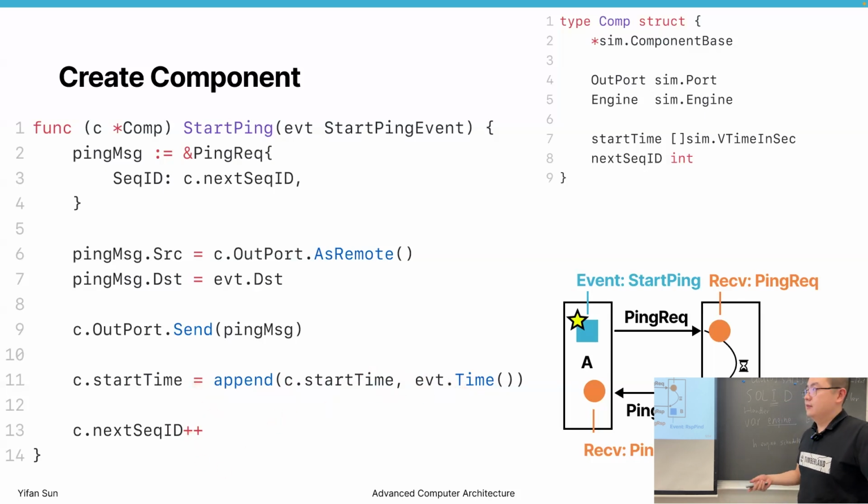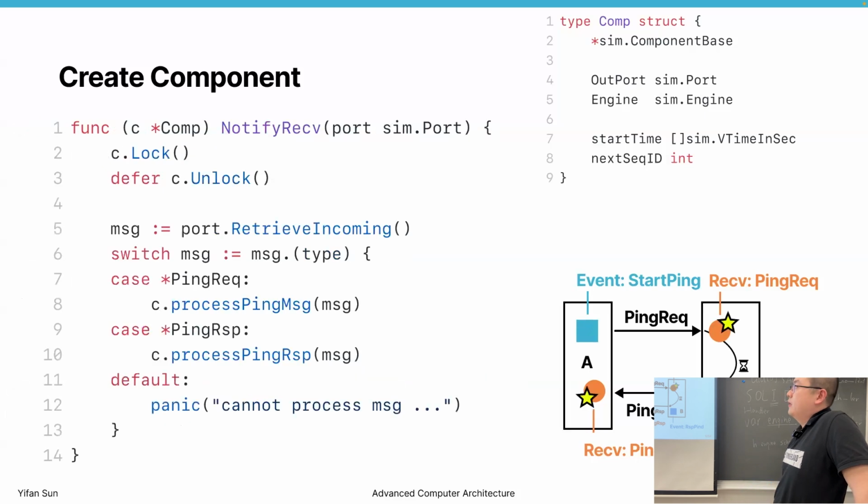So this is the logic of a regular component. We'll see more examples later. As long as you don't feel this is totally no way to understand, this is good. No need to remember it. Okay. Notify receive. This is a component notify receive. Whenever we notify receive, we also retrieve incoming. According to a message type, either a request or response, we process them differently.